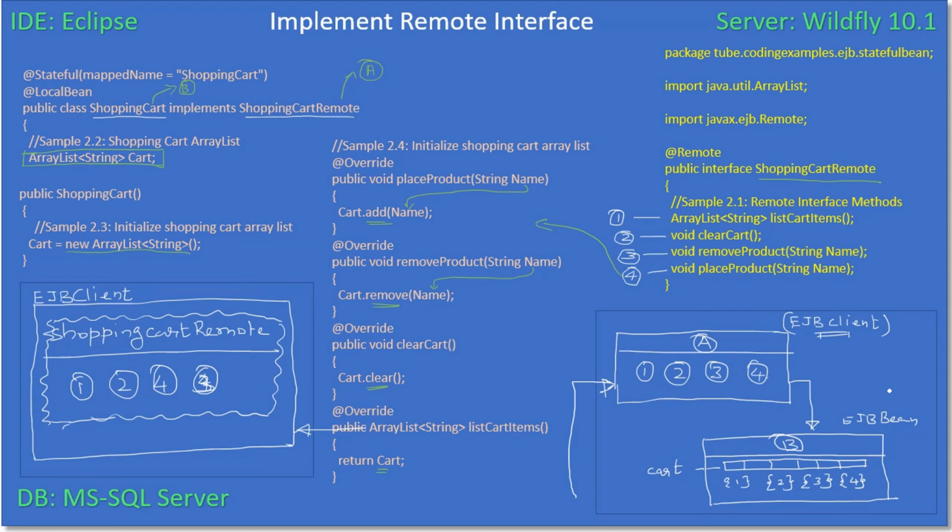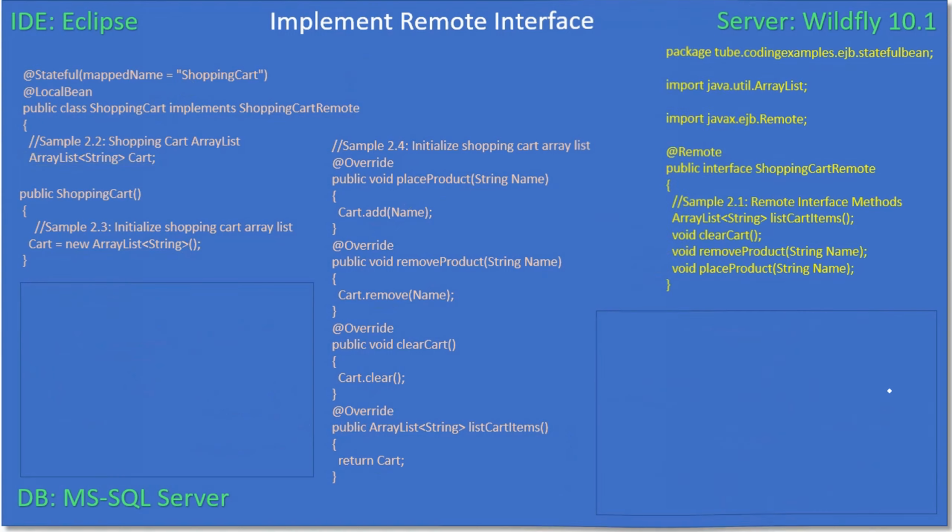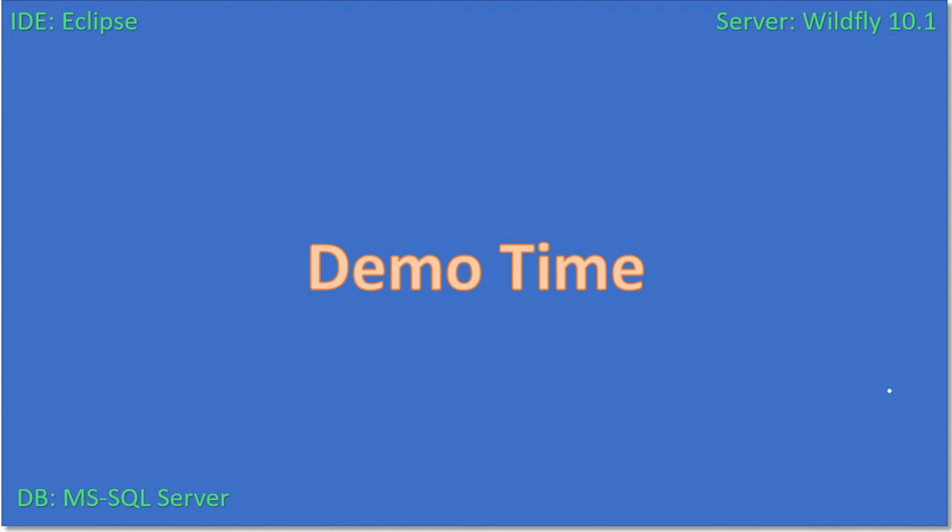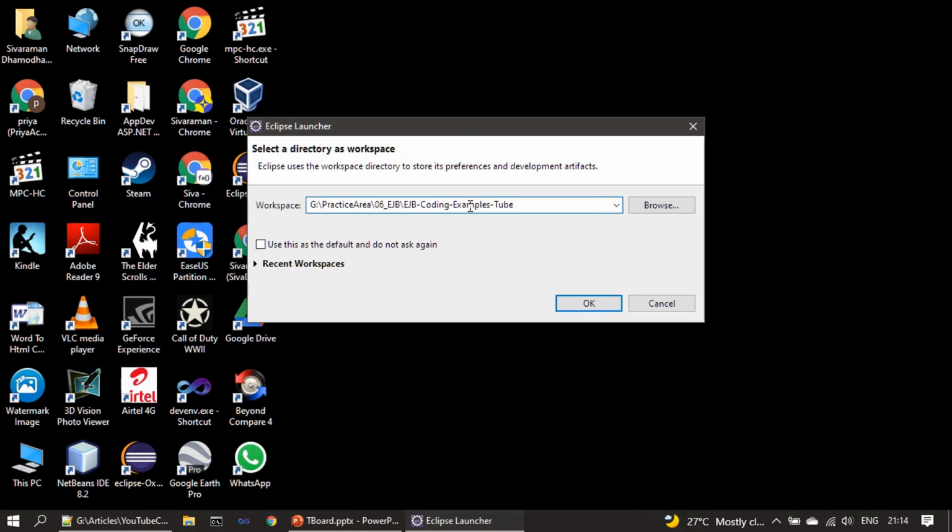Alright, now we will go ahead and implement these two types. Okay, this is the workspace we created for our previous demo. That means for Stateless Session Bean, this is the workspace we created, and in this workspace we created 4 projects to demo the Stateless Session Bean. We will use the same workspace.